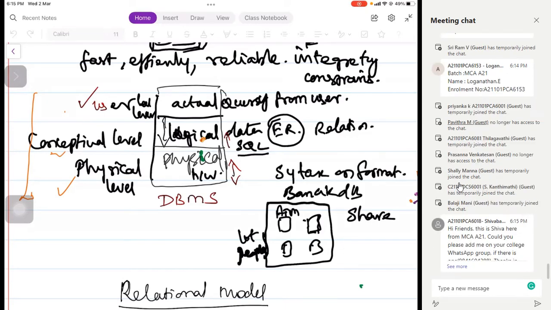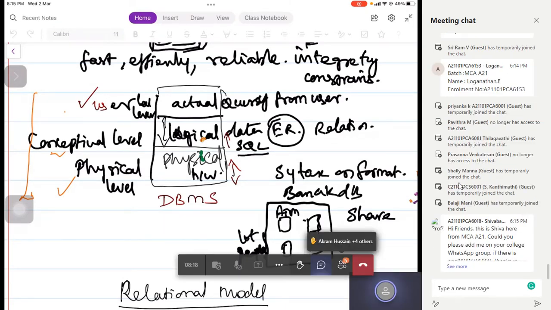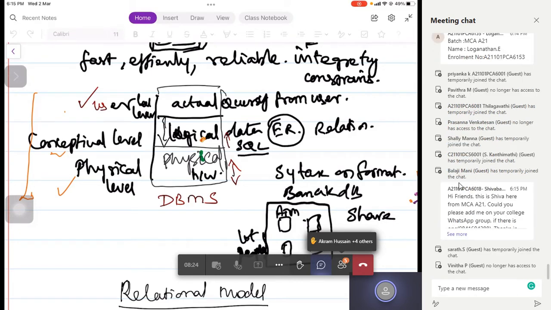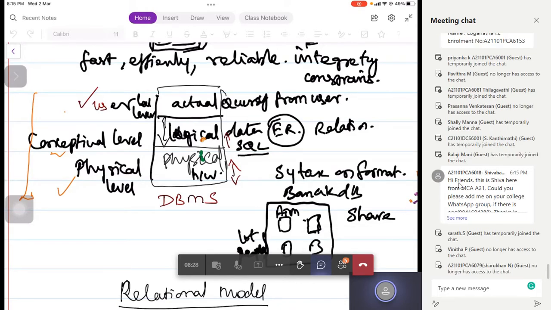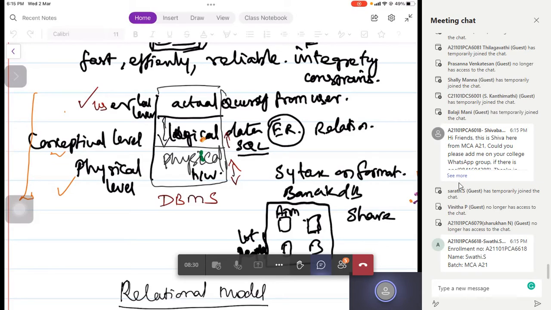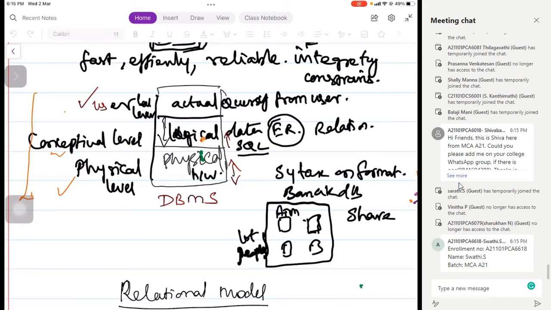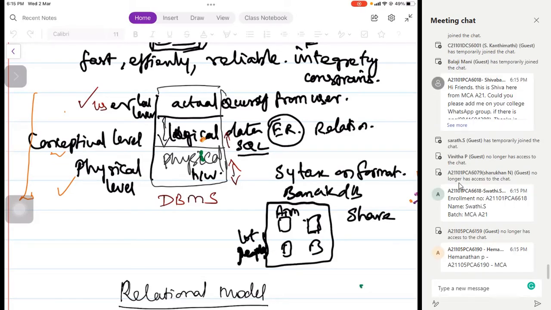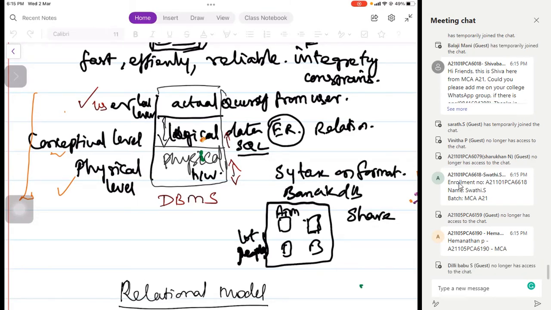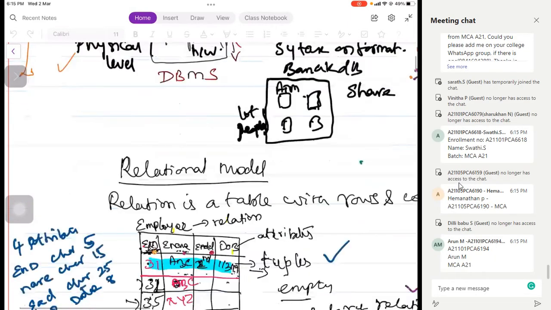Suppose we have 10,000 rupees and want to withdraw 2,000 rupees. You should deduct the 2,000 rupees from your account balance, and only then can the ATM machine provide the amount to the user, isn't it? This is happening in all applications.